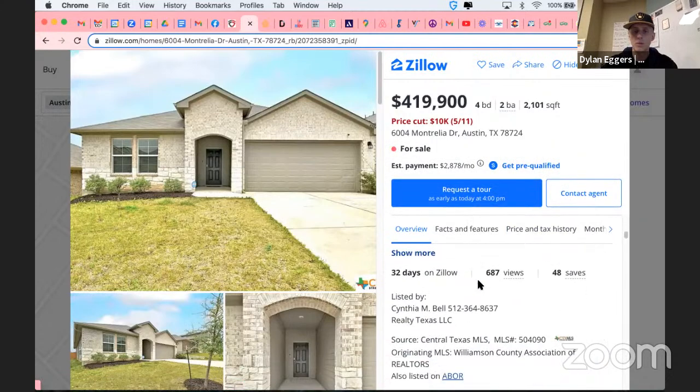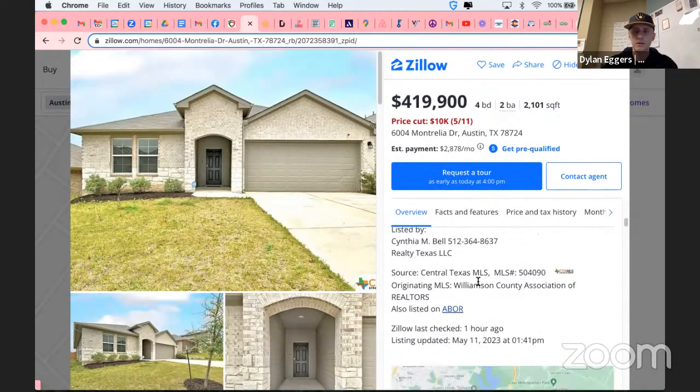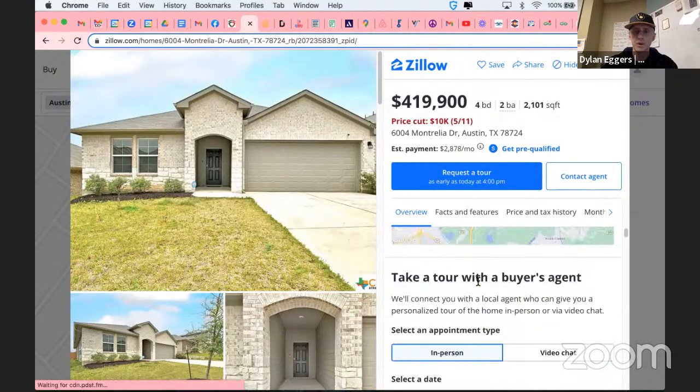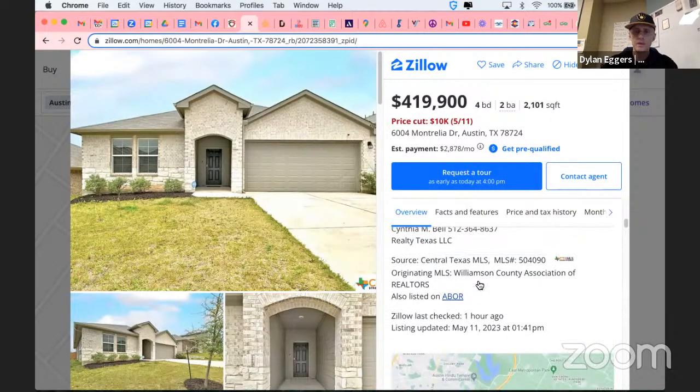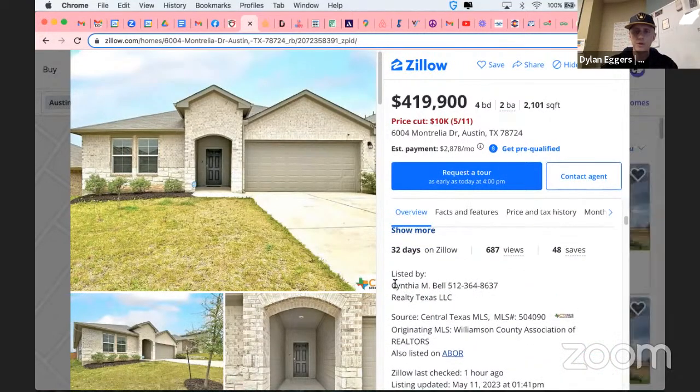So that's likely when the previous owners bought it as a brand new home. So it's only been listed for 32 days, and we are going to contact Cynthia. Okay, so we are going to go and call her right now.